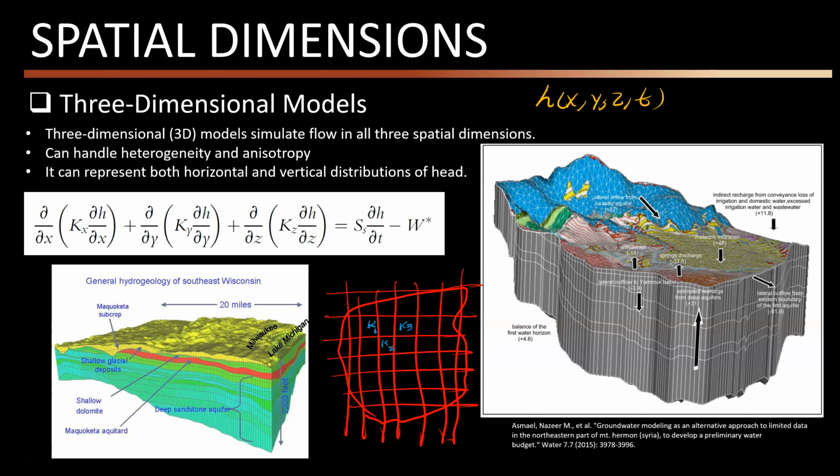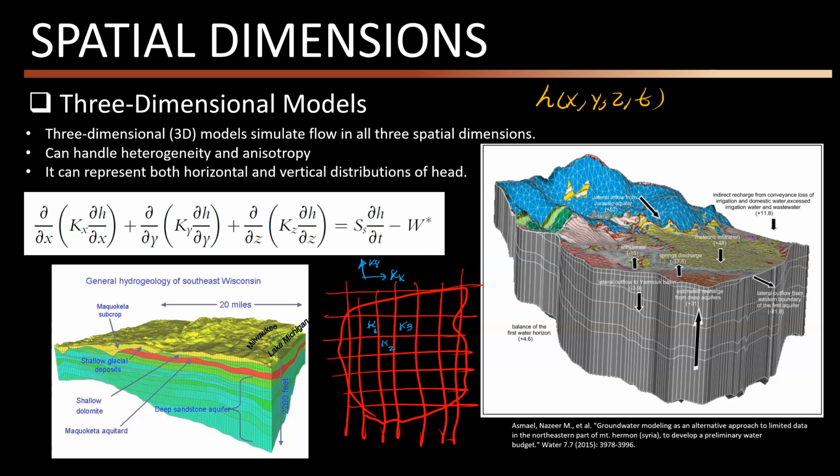But in the z direction I cannot do anything, right? I can define kx and ky for each cell, but I don't assume anything for the z direction because I don't assume any flow in that direction, right?